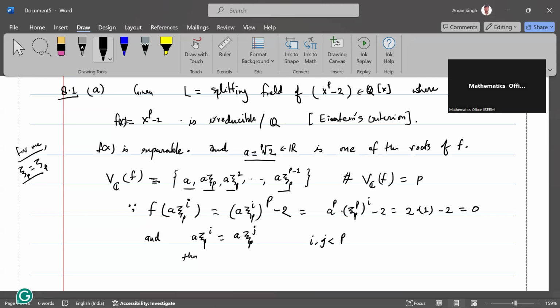So this can be written as zeta power i minus j is equal to 1.